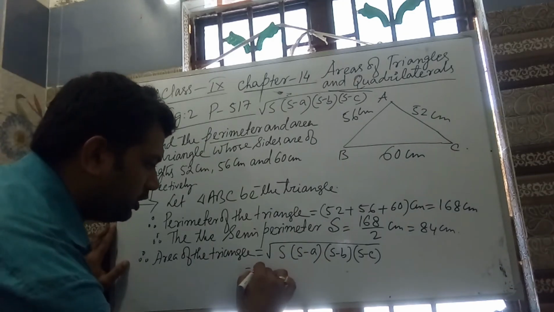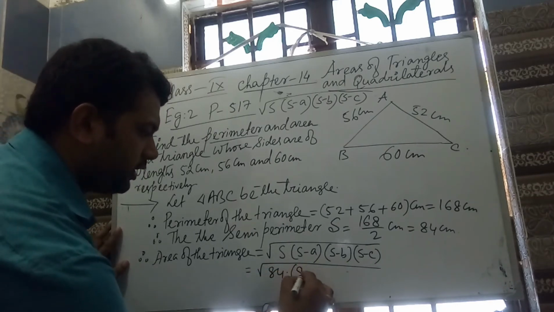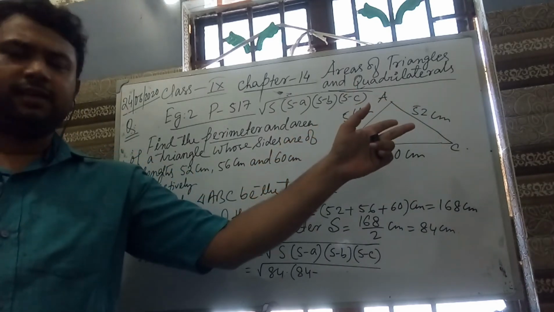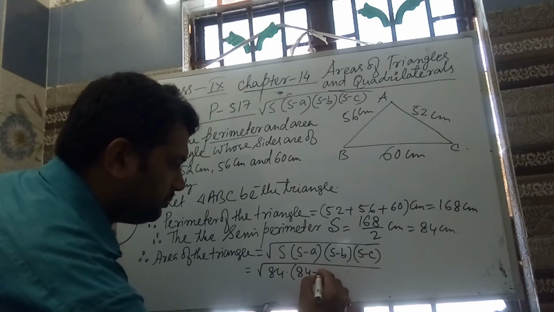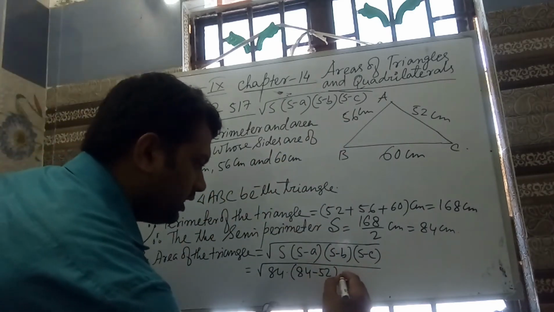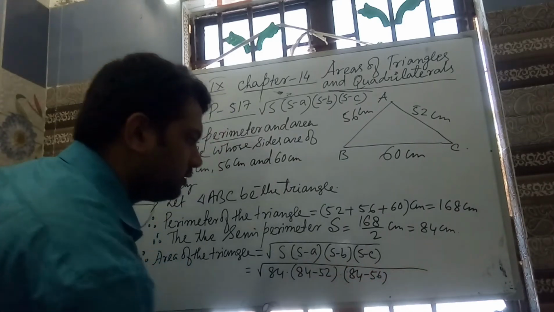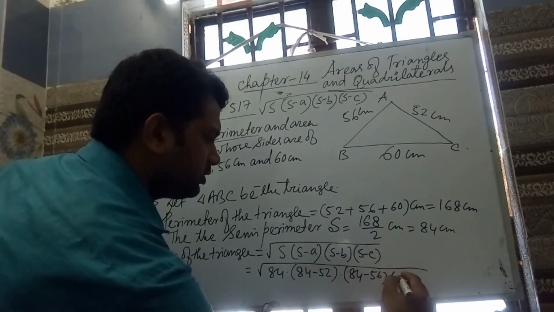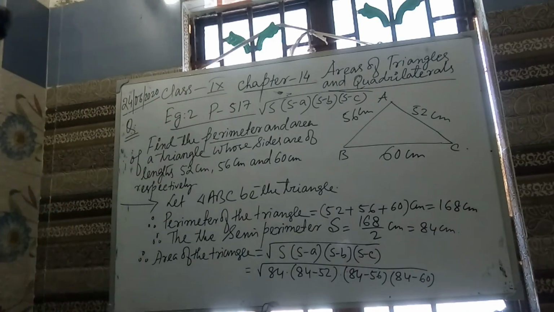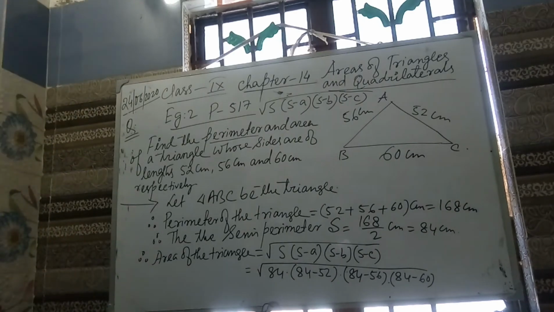So it will be root over 84 into (84 minus 52, if we consider 52 as A), B as 56, then it will be 84 minus 56, and C as 60, so it will be 84 minus 60. Okay. I am writing this part.